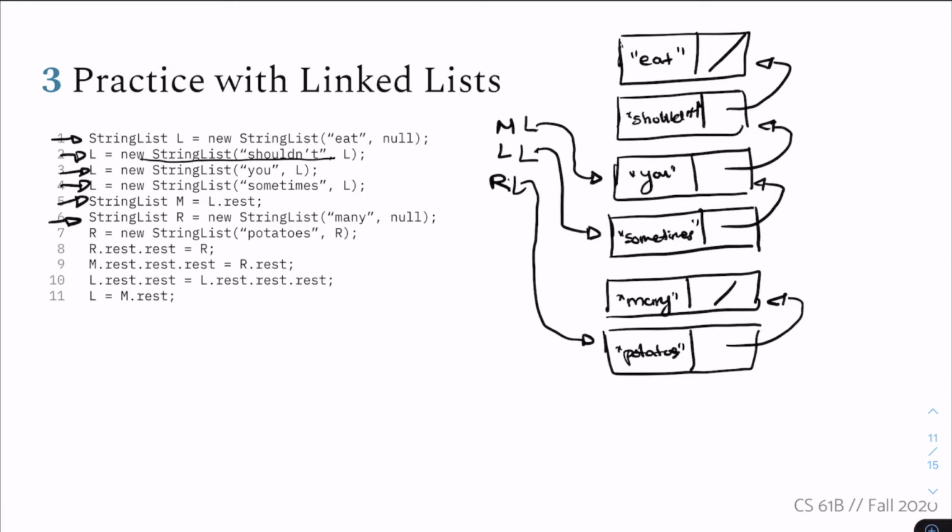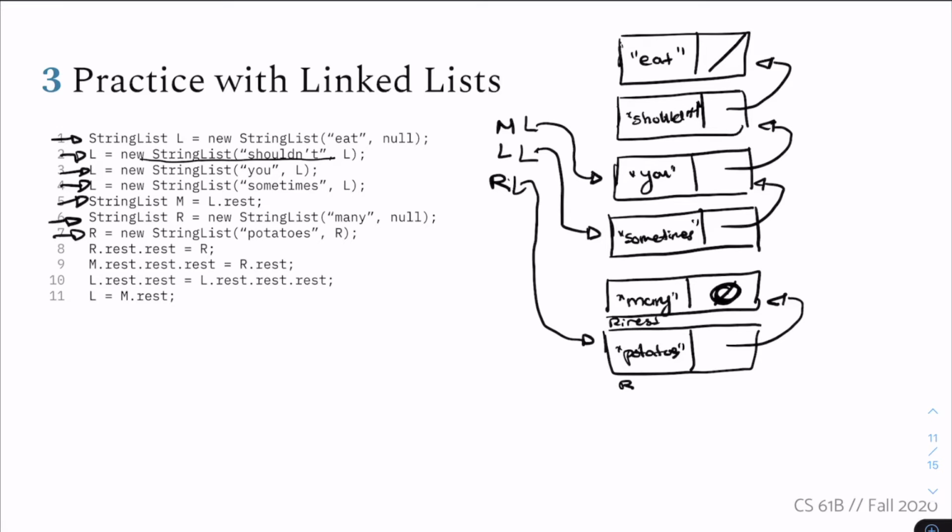Okay, here's where things get a little more tricky. There's lots of rests involved, but all you have to do is think through it. So the first thing we do is r.rest equals r. And what does that mean? So we start at r, potatoes, and r.rest is this object. And this is the specific variable that we're changing.